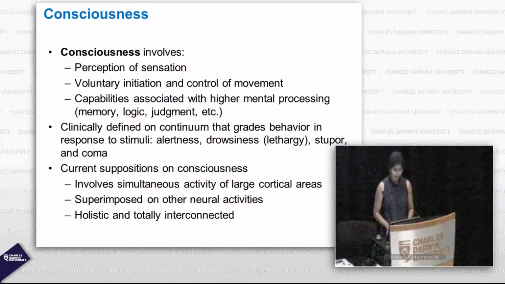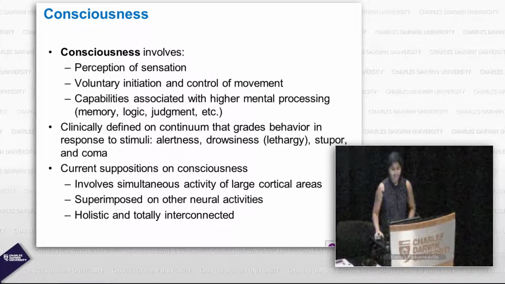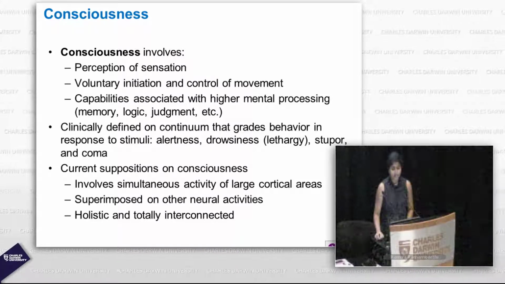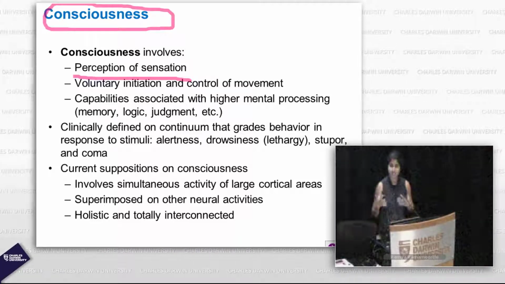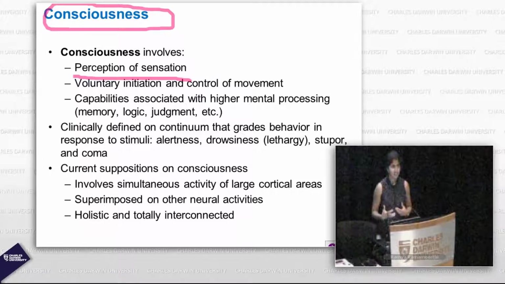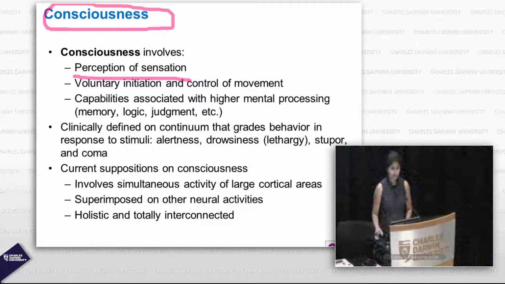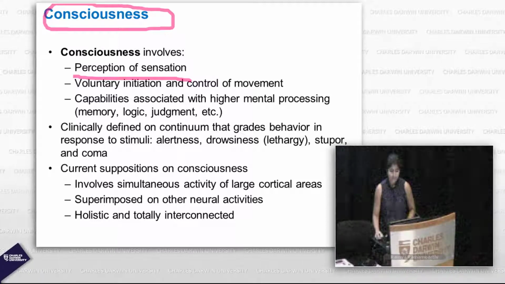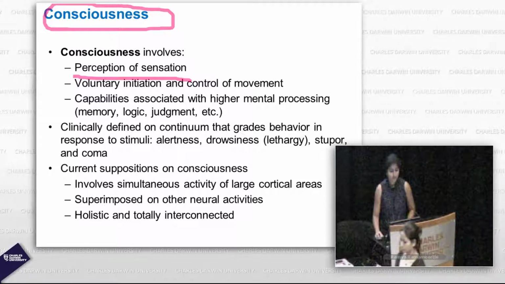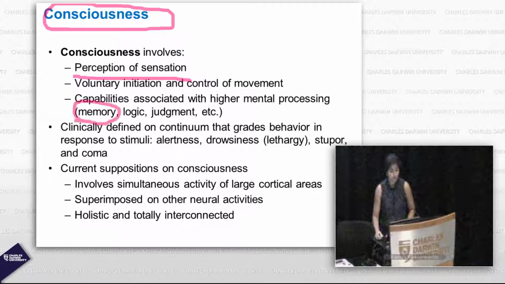Okay, so we're going to talk about consciousness. Consciousness is perception of sensations. You're awake, alert, and able to respond to any sensation that's happening. This is important for the memory process or memory lodgement, and for logical and judgment processes as well.